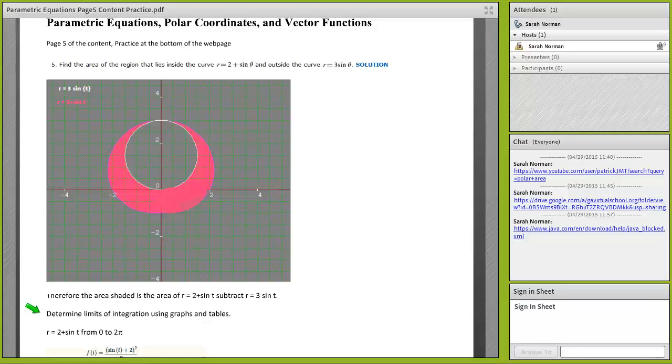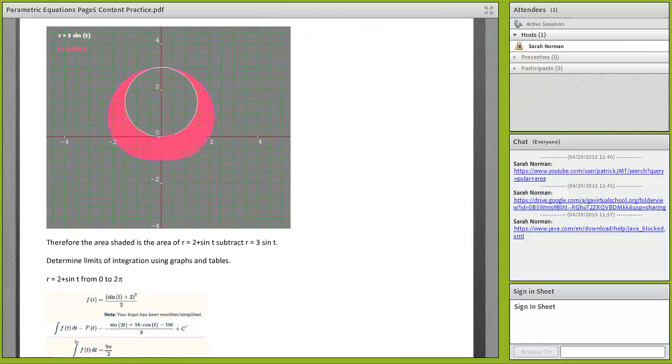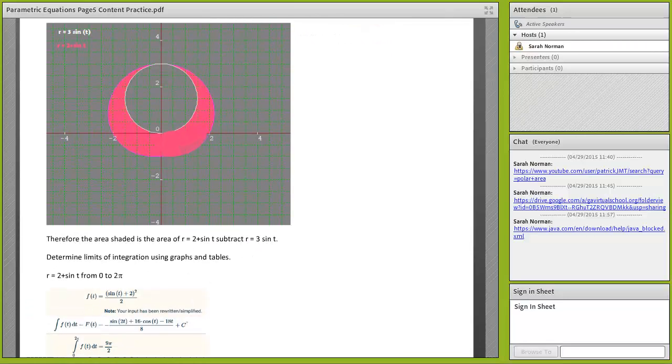So that's really what I'm going to try to focus on today, is reviewing how to find those limits of integration.